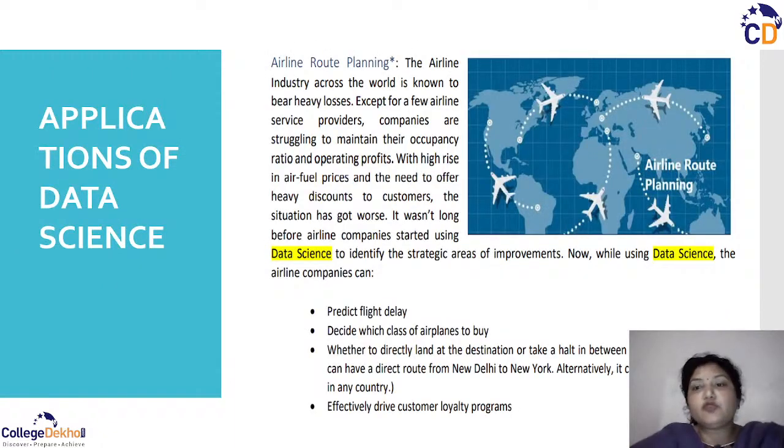Then we have the most important thing, which everyone is using: airline route planning, or on the roads also, you are planning to go from here to there. You have some source, you have some destination. Everyone is using some kind of transportation service in this part.